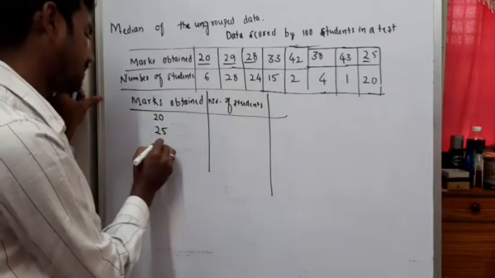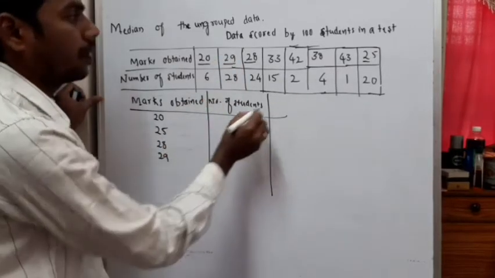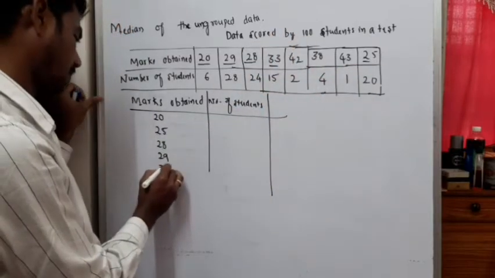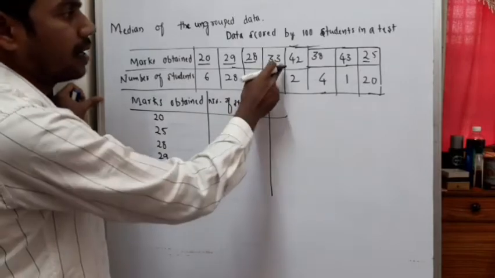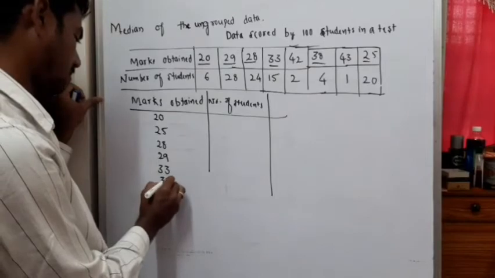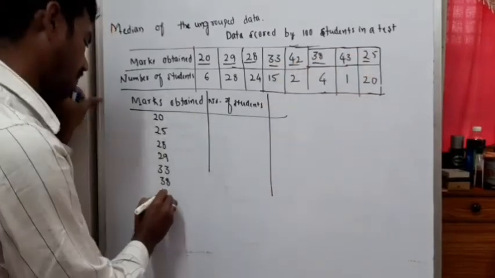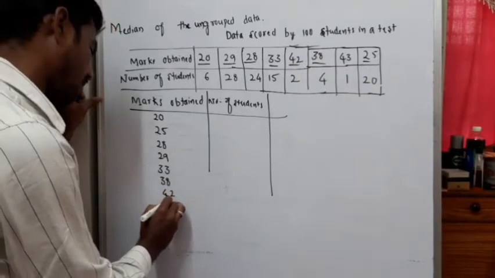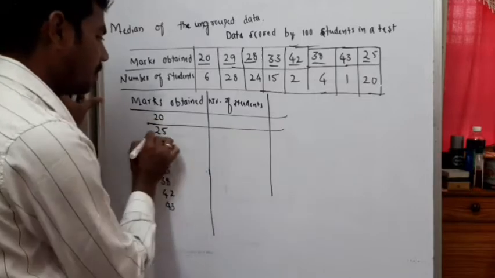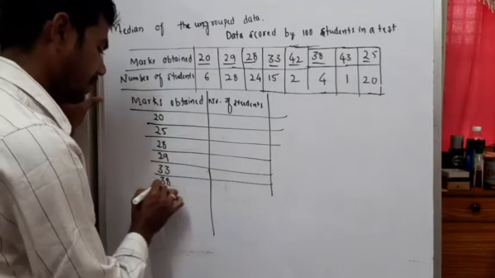Then 28, 29, after that 33, after the 33, 38 is there, then 42, followed by 43. So what we did, we have arranged the given data in ascending order.